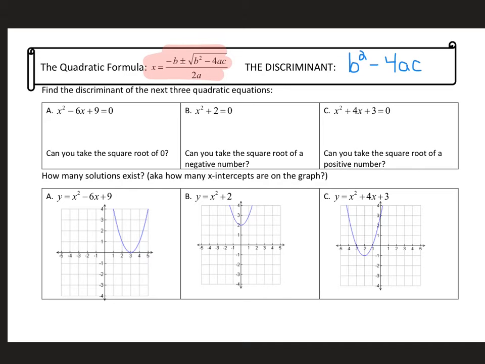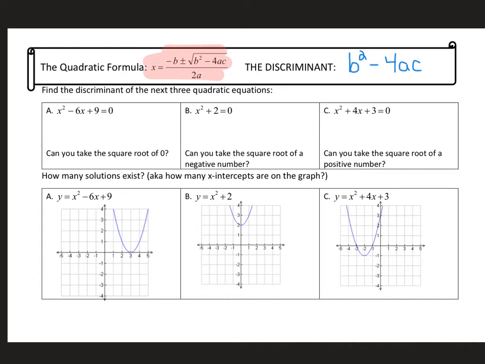The reason that it helps us determine how many x-intercepts there are is because, like I said, it's under a radical. We have to take the square root of whatever b squared minus 4ac comes out to. If b squared minus 4ac comes out to a positive number, no problem. The square root of a positive number is a positive number.